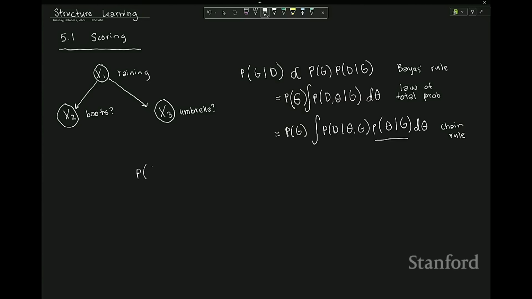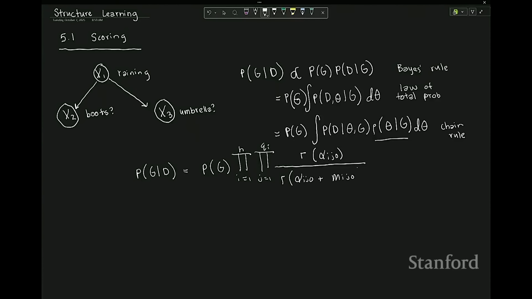And we're able to write the probability of the graph given the data as the probability of G times this product, i equals 1 to n, so that's over nodes, then j equals 1 to q_i, over parental instantiations for node i, gamma function of alpha_ij0, all over the gamma function of alpha_ij0 plus m_ij0.